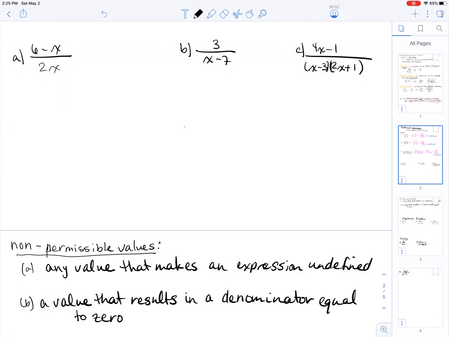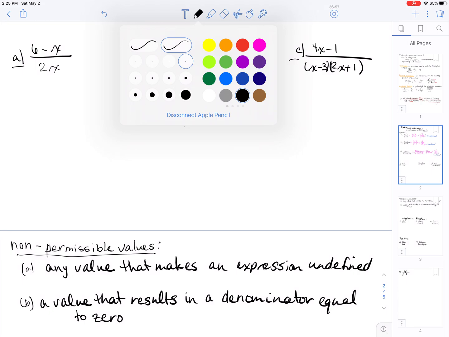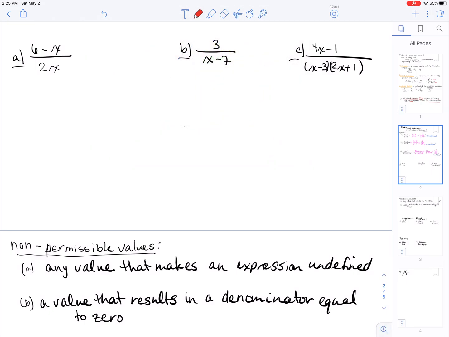So let's look at A, B, and C for examples. What do you think would make the denominators of each undefined or equal to 0? How would we solve this? Pause the video, take a few minutes, think about it, come up with some answers, and then we'll work on it together.